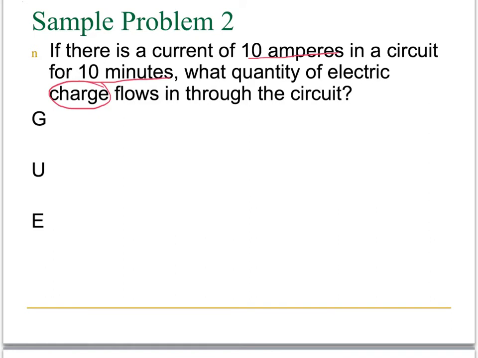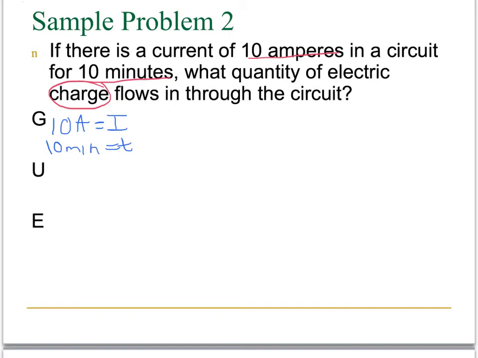So, our given information is 10 amperes, and that says of current, so that must equal I. That's already in our standard unit, so we don't need to convert. But then it also says 10 minutes for time. Minutes is not our standard unit, and we need to convert to seconds.